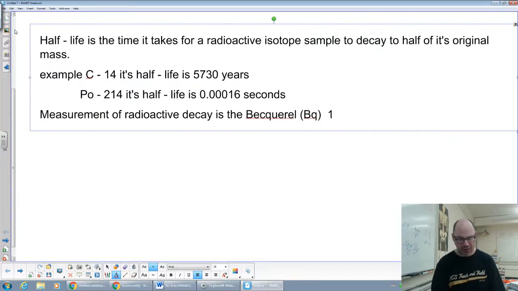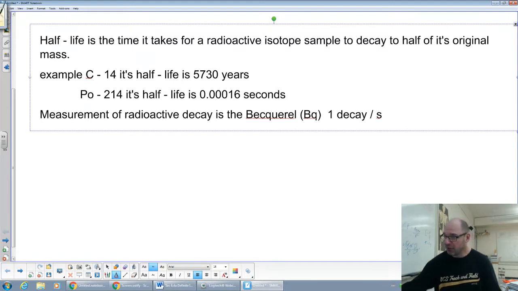It's 1 decay per second. 1 becquerel equals 1 decay. So if I say it's decaying at 240 becquerels, it's decaying 240 radioactive particles every second.